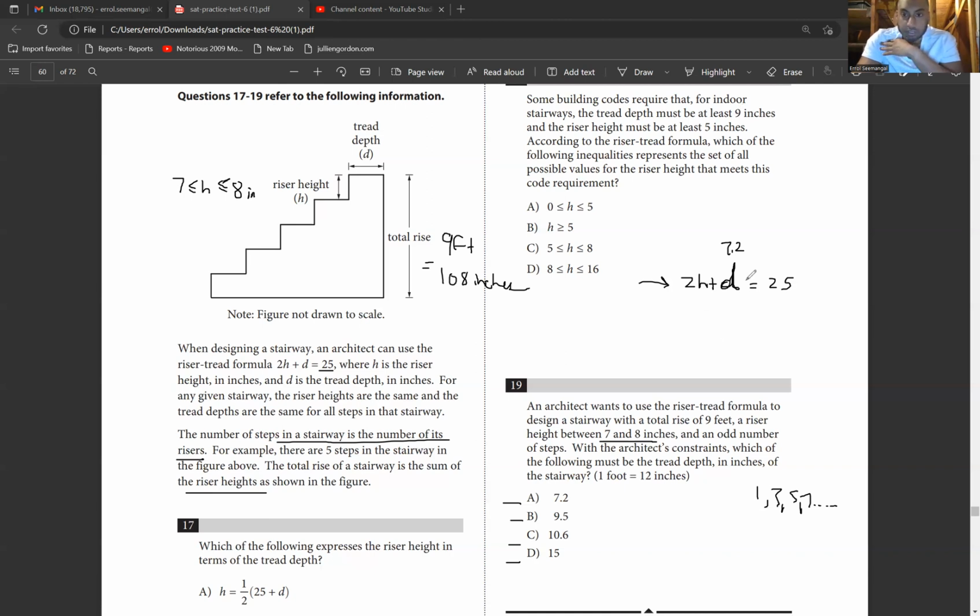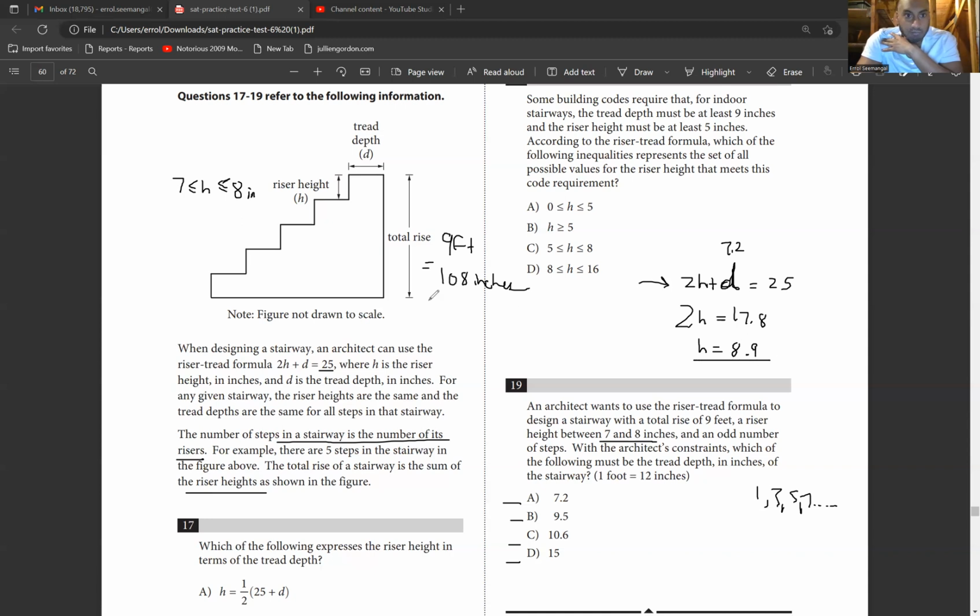Okay, let's see here. If we plug in 7.2 there, 2H equals 25 minus 7.2, which is 17.8. H would be 17.8 divided by 2, which is 8.9.